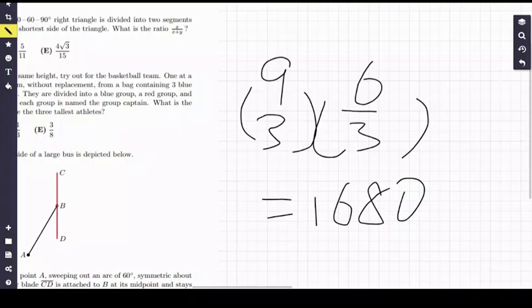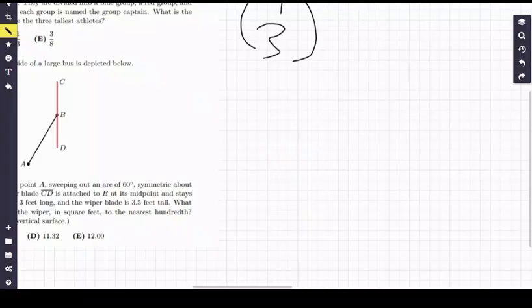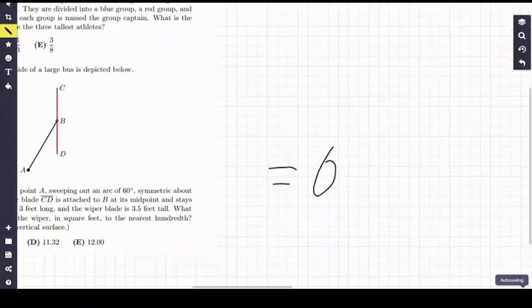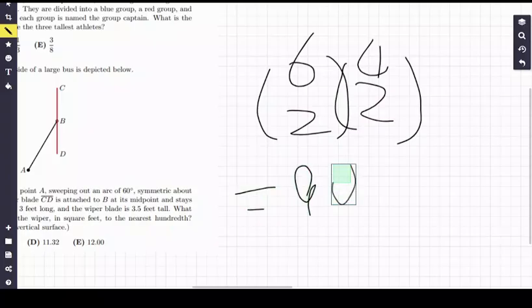So the number of ways to assign the colors to the 3 tallest ones is 3 factorial, which is 3 times 2, which is 6. The remaining 6 athletes are assigned the remaining colors in 6 choose 2, 4 choose 2 ways, and that is actually 90.